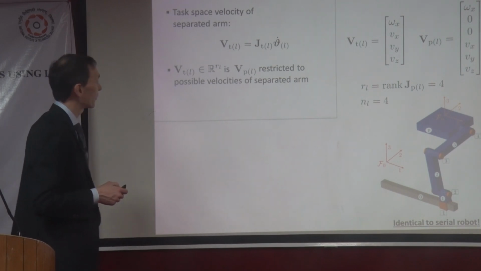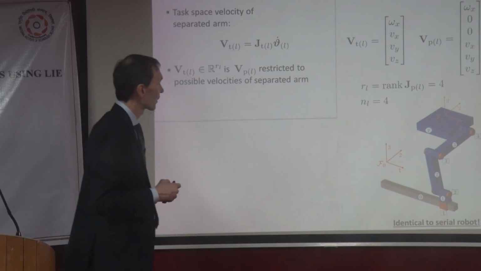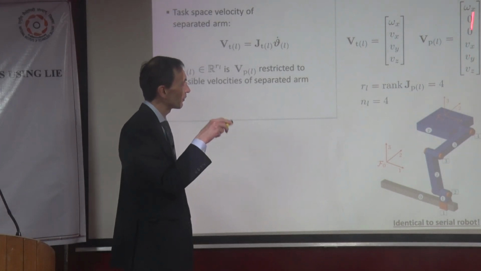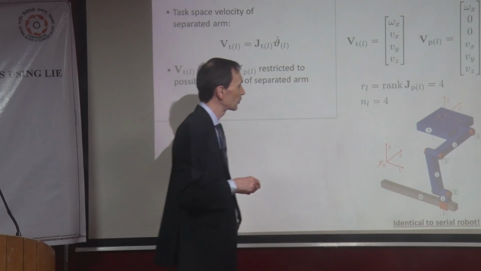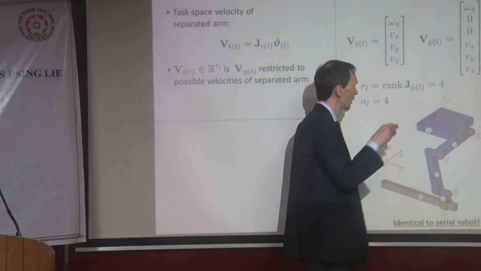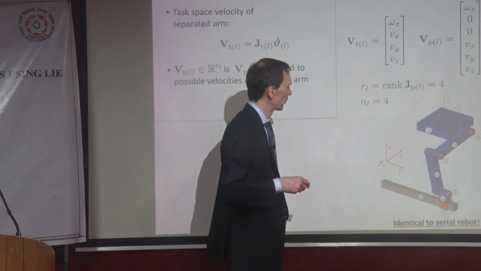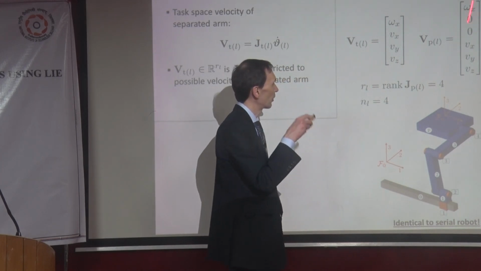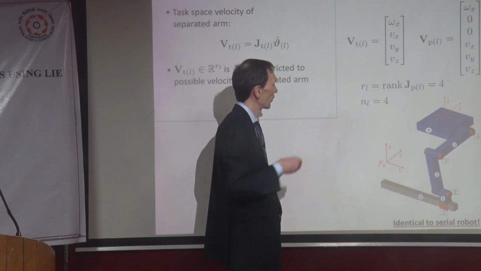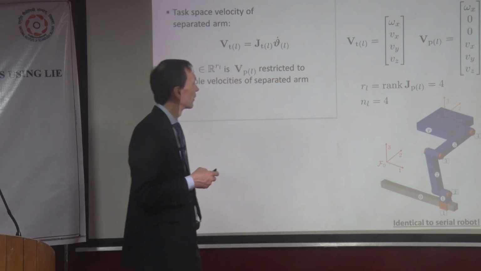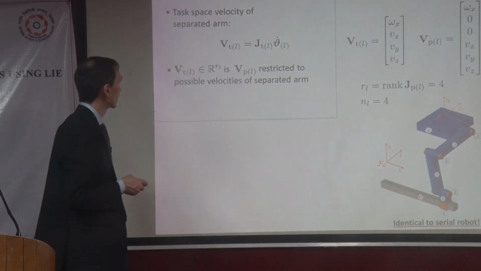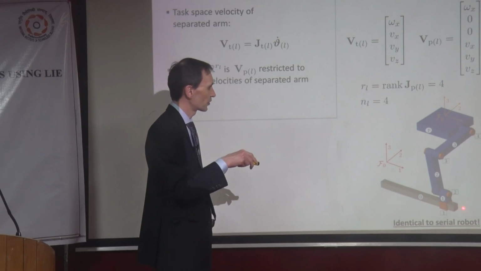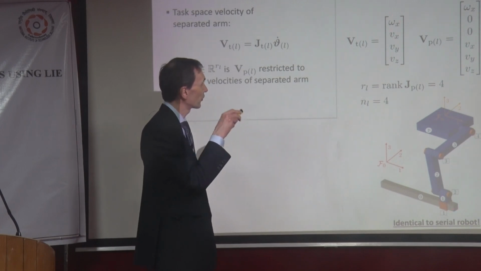Okay, what else can we say? We have to talk about task space velocities. When we concluded that we have a certain number of independent outputs, so to say, of velocities that the platform can perform, then we can restrict our twist vector to exactly these velocities, and we call them task velocities or task space velocity of the separated arm or separated limb. Okay, this one just alone can have this kind of velocities.